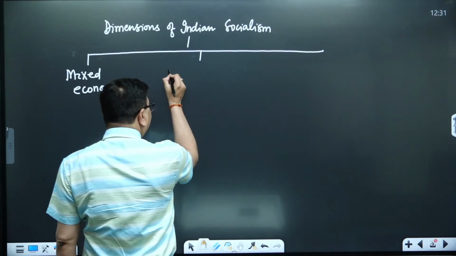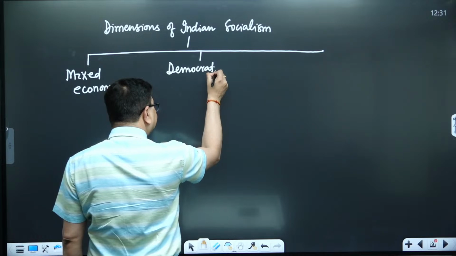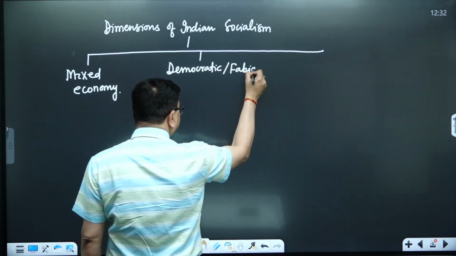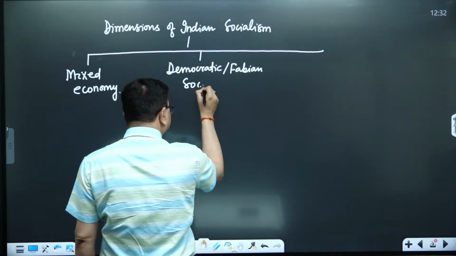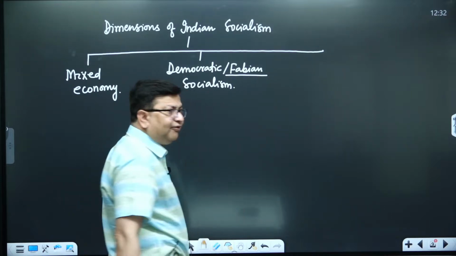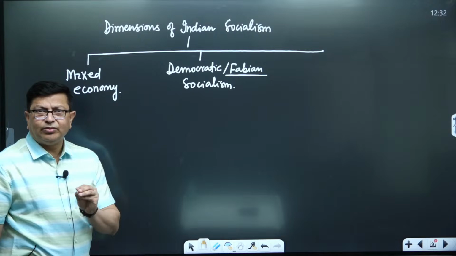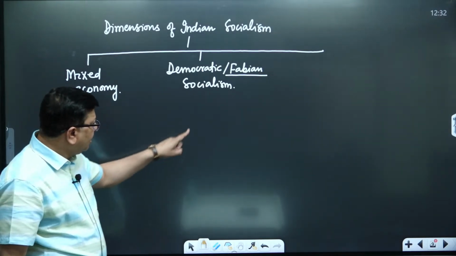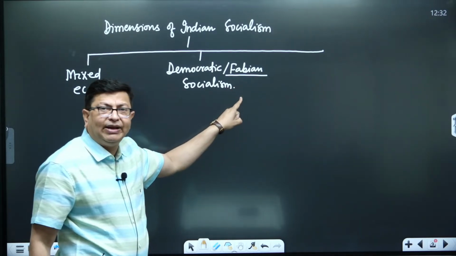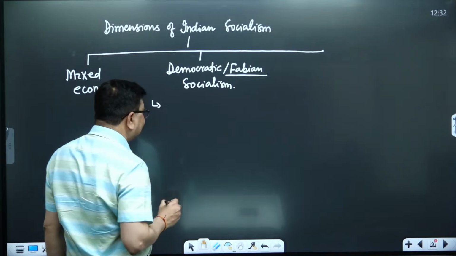We went for democratic or Fabian socialism. Now here comes another question from the examination point of view: which of the following statements is correct? In India we have adopted Fabian socialism. Now what is this concept of Fabian socialism?